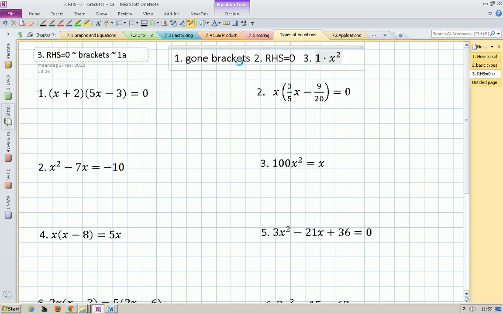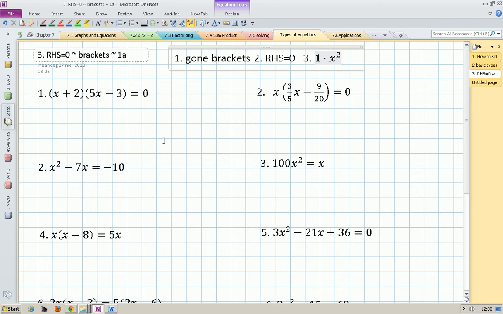What I mean by this is that we don't want 2x squared or some other number in front of the x squared, because otherwise we cannot do the sum product method. So really this step 3 is only relevant for type 3 equations. For type 2 equations and type 1 equations, it doesn't matter that there is a 1 in front of the x squared.